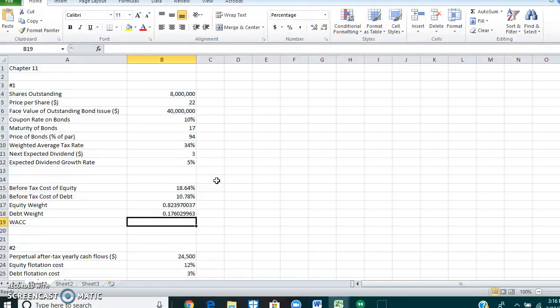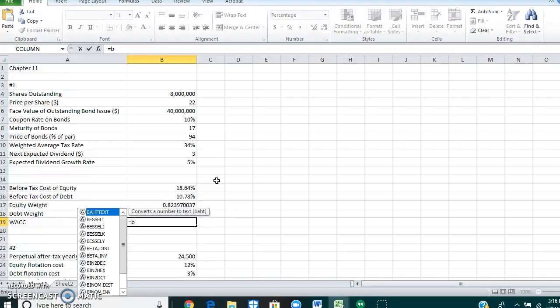or 0.17. Now, our weighted average cost of capital is the before tax cost of equity times the equity weight plus the before tax cost of debt times the debt weight times 1 minus the weighted average tax rate. So here's what that looks like. Equals sign.